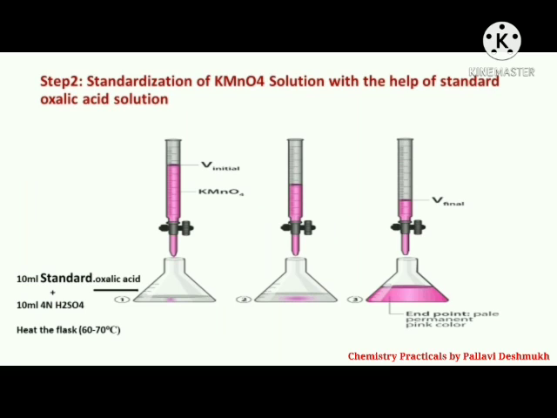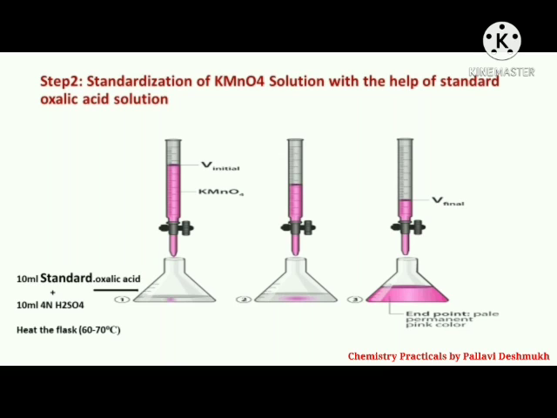Now the next step is the standardization of KMnO4 solution with the help of standard oxalic acid solution. For that, fill the burette with the KMnO4 solution. Now pipette out 10 ml of standard oxalic acid solution into a clean conical flask and add an equal volume, that is 10 ml, of dilute H2SO4 solution.